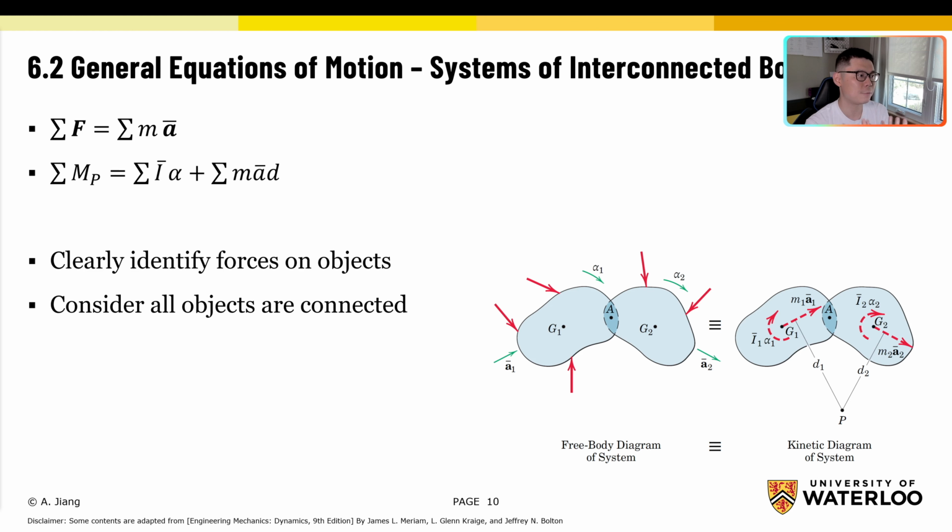Sometimes they have the same mass, but most likely they do not. That means when you're calculating the ma part, the m is different. So make sure you clearly see which body has which force, or what force is acting on which body. While dealing with the moments, remember to consider all objects and all forces that are present.